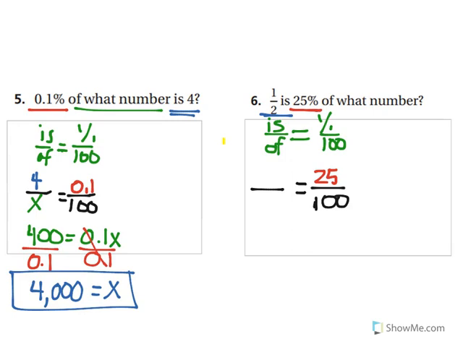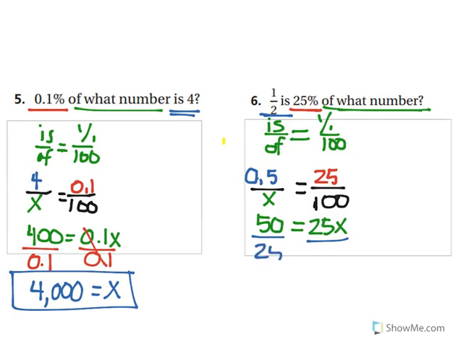So 1/2 can also be written as 0.5. So I'm going to put the decimal 0.5, although I guess I could have put a fraction. I just prefer the decimal in this. And then my unknown, of course, will be of what number? So that's going to be an x. So I get 0.5 times 100, which is 50, equals 25 times x, which is 25x. I'll divide both sides by 25 to get the x isolated. And I end up getting 2 equals x.